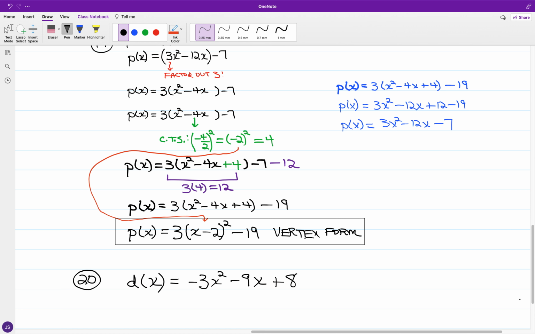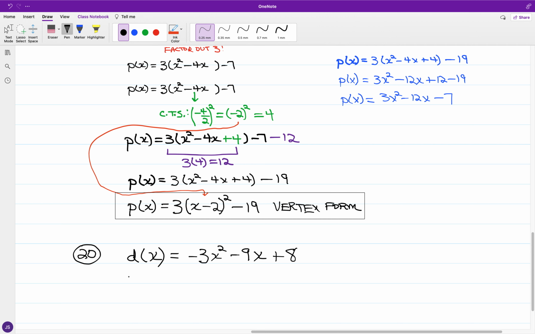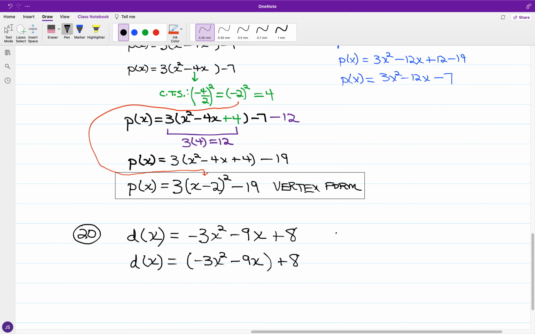And just taking what we have now, for d of x, if I separate the variable terms apart from the constant, again I'm going to be going from the standard to the vertex form.